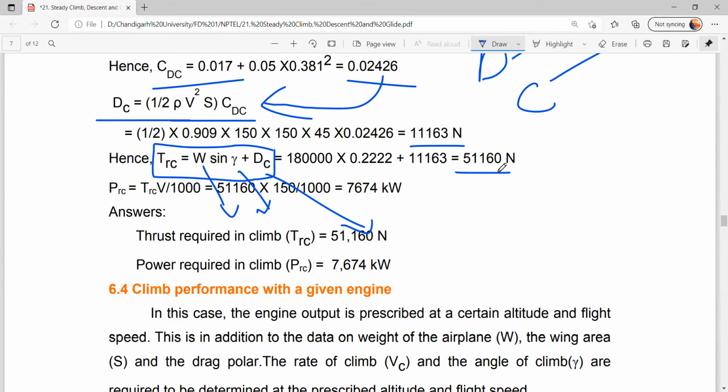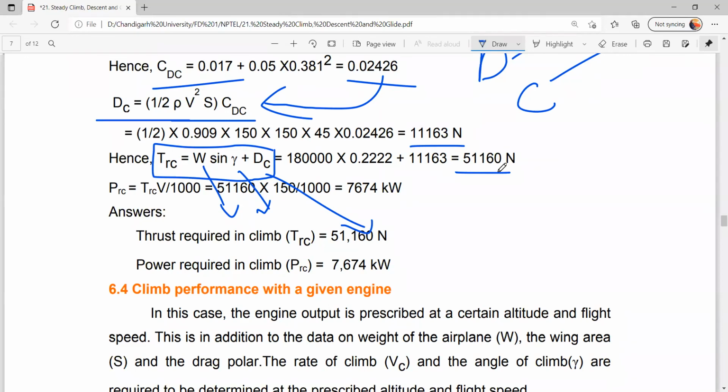I will be instructing the pilot for this aircraft, for this altitude, that is 3 kilometer altitude, you have to create 51,160 Newton so that you can climb at an angle of 12 degrees. So this much thrust is required, and the pilot will go for that thrust required.